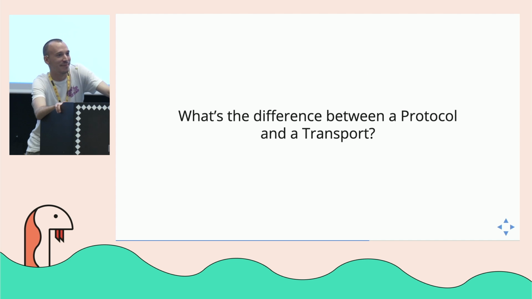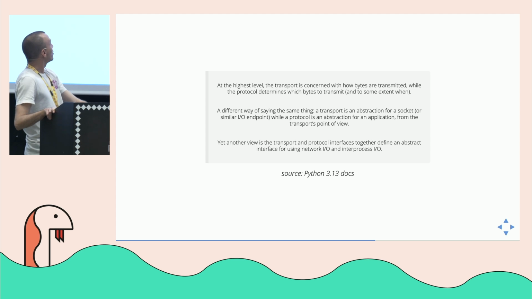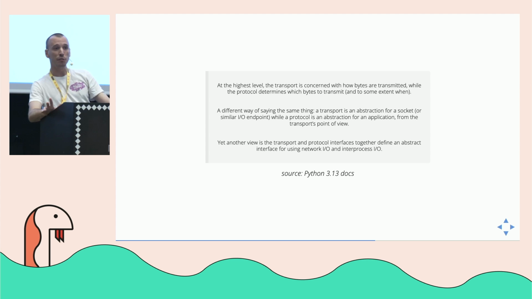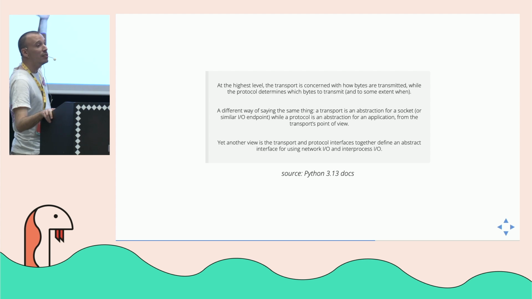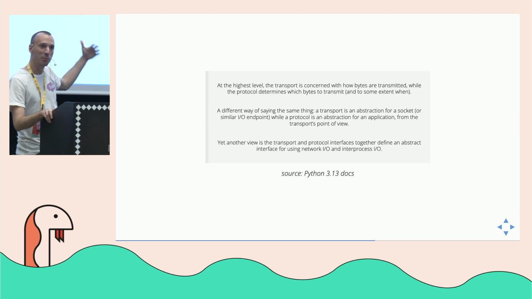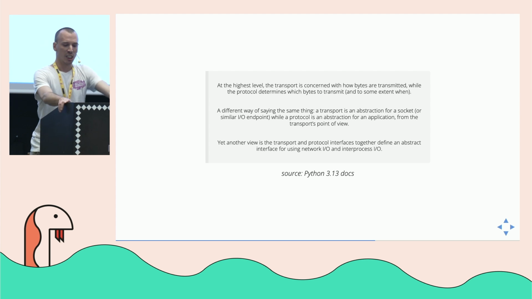Next question. Does anybody know the difference between a protocol and a transport in AsyncIO? The official Python documentation states three different ways of explaining that to you. And when I see something that requires three different ways to explain, it's not a good sign, right?